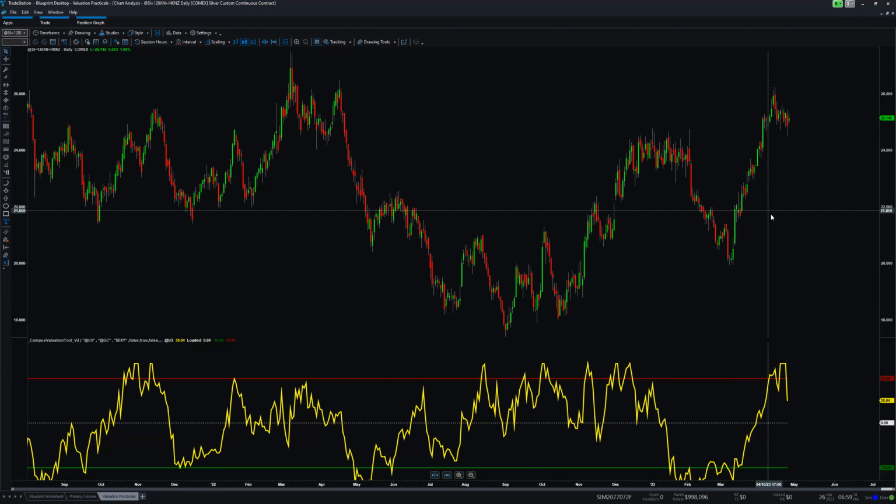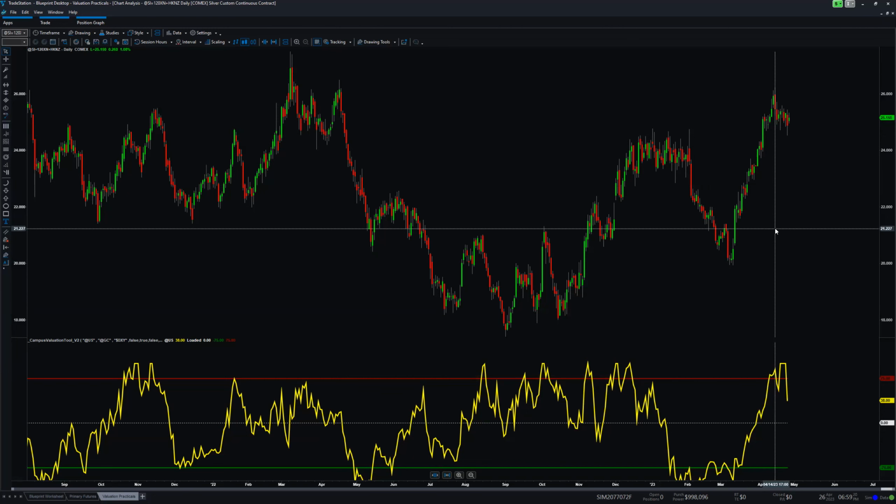Okay. This is not going to be our primary tool, but it is going to be our secondary tool, our odds enhancer. So how would we go about this?